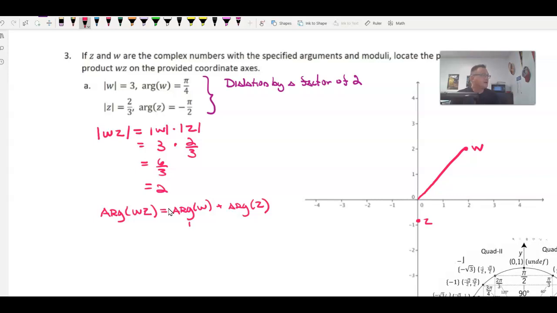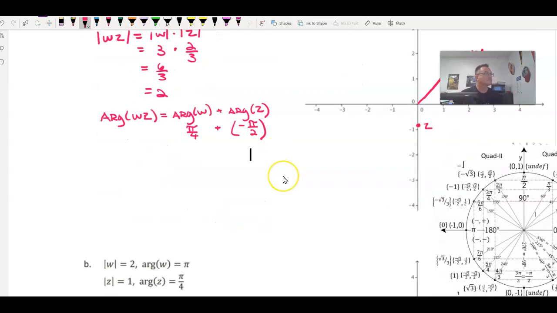Okay, so that's pi/4 plus negative pi/2. Okay, so now I'm going to add those two up. So get a common denominator. That would be 4.